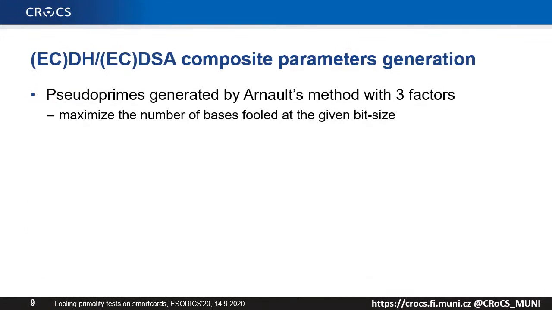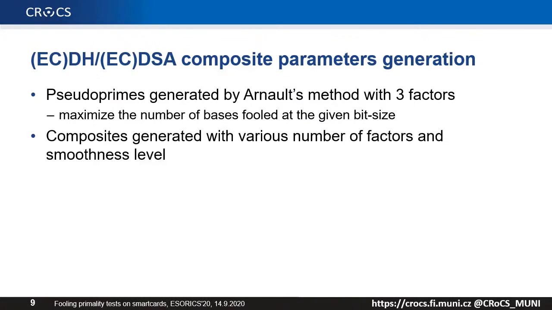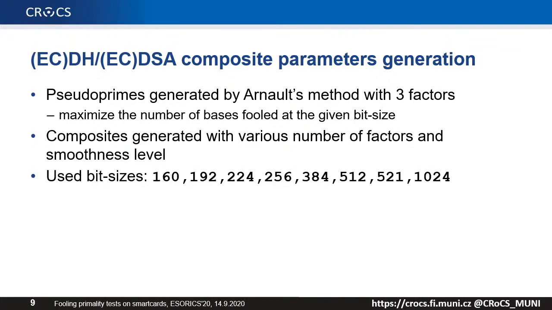For the pseudoprimes, we used Arnault's method with 3 factors, so the composite has 3 factors, and it's designed to maximize the number of bases, the witnesses fooled, at a given bit size. For other composites, we generated composites with various numbers of factors and various smoothness levels.